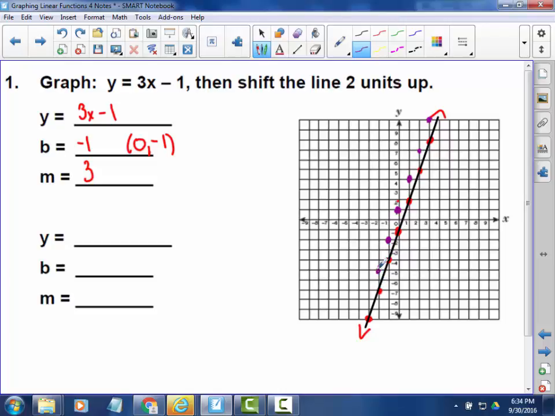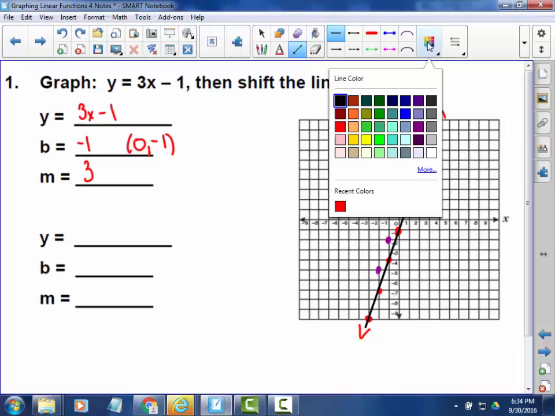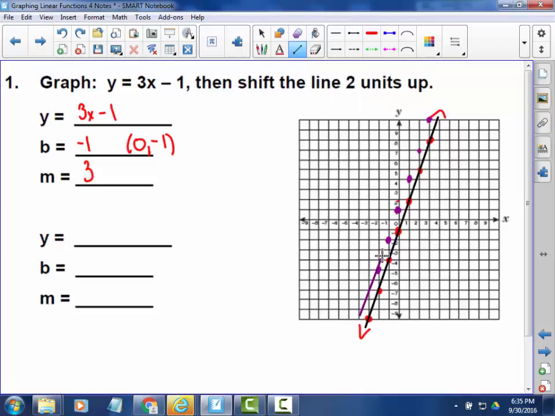Now I have those points, and then I would put my straight edge to it. That would be our second line.